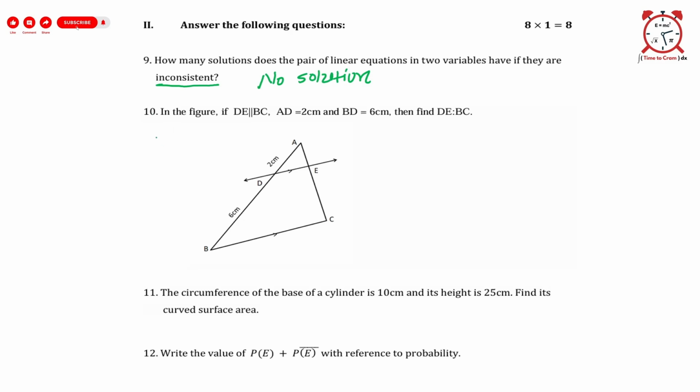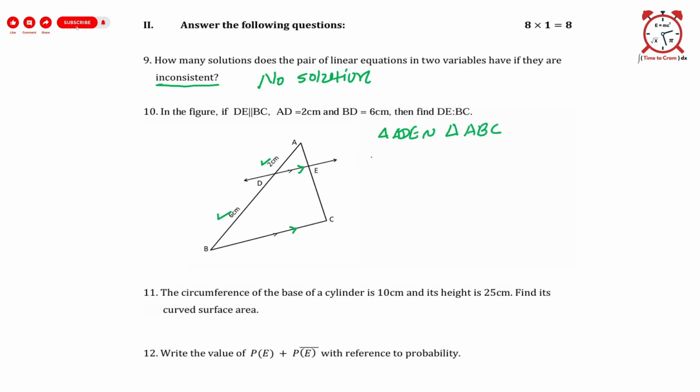Question number 10. In the figure, DE is parallel to BC, AD equals 2 centimeter, DB equals 6 centimeter, and we have to find DE is to BC. We know that triangle ADE is similar to triangle ABC by AAA criteria.